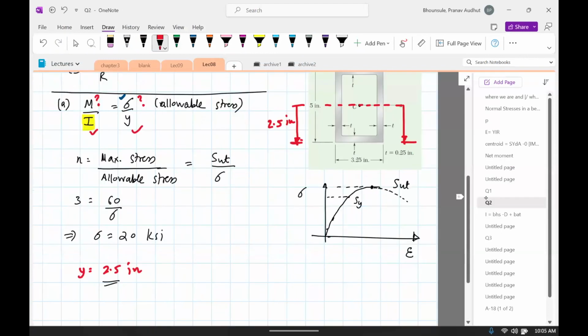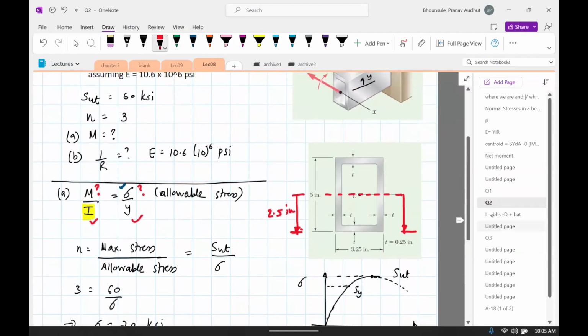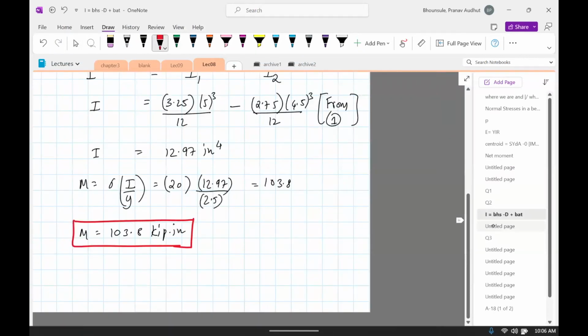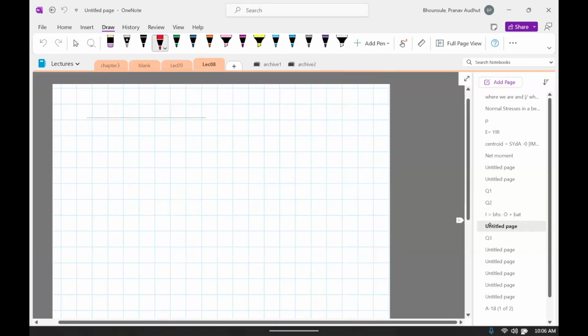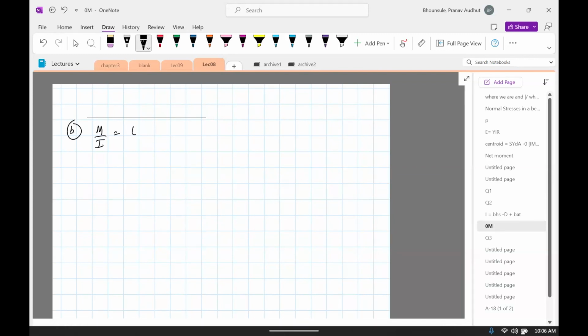Part two, we need to compute 1 divided by r. So going back, we need to compute here 1 divided by r. We can do that now. Again, we go back to the formulas. M divided by I is E divided by R, sigma divided by y. You can use either these two or these two. It's up to you.